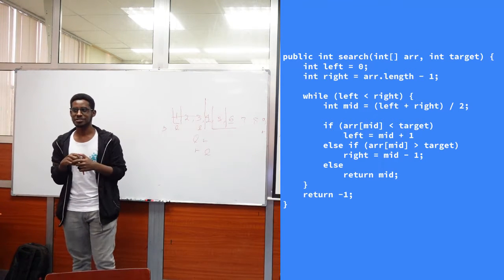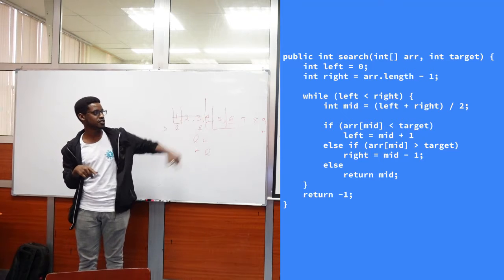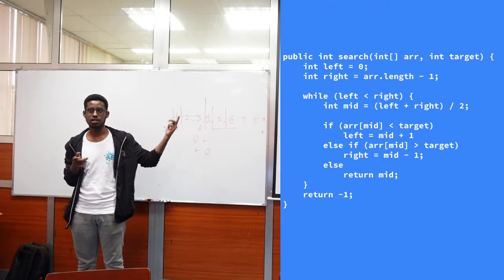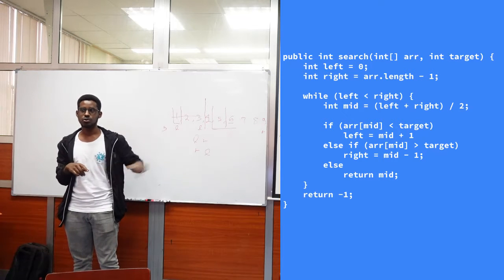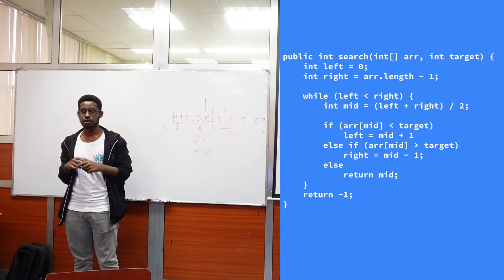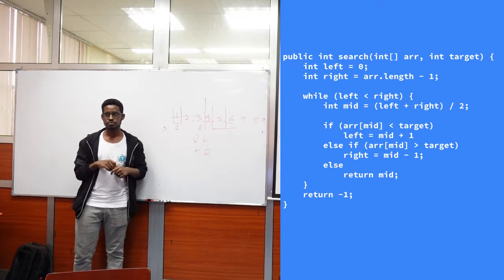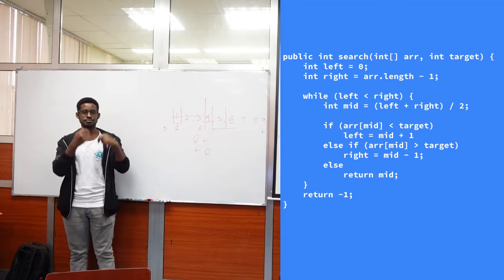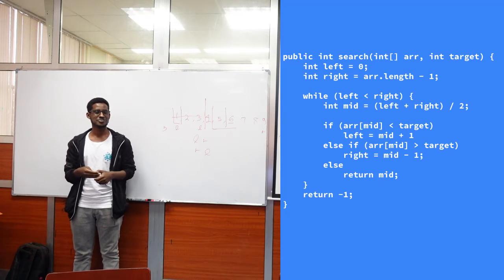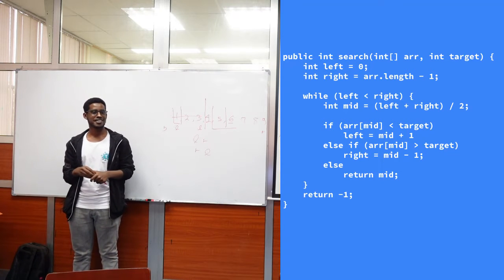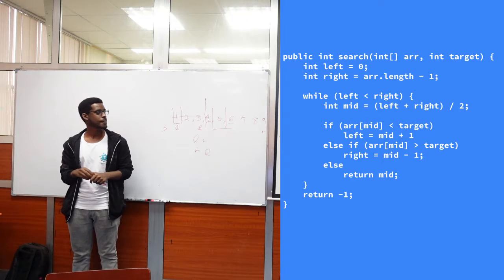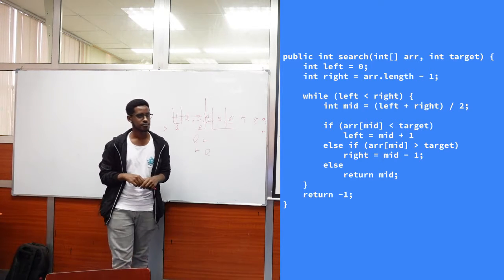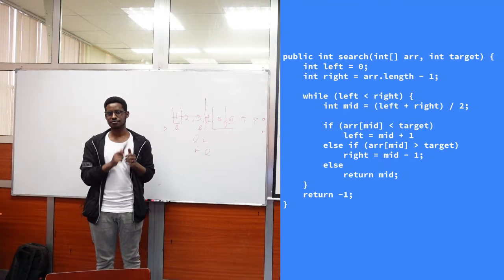It doesn't matter, because if the array is empty, then the length is 0 and the right is -1, so the loop would not run. Maybe the mid is an integer and this buffer may give us something.